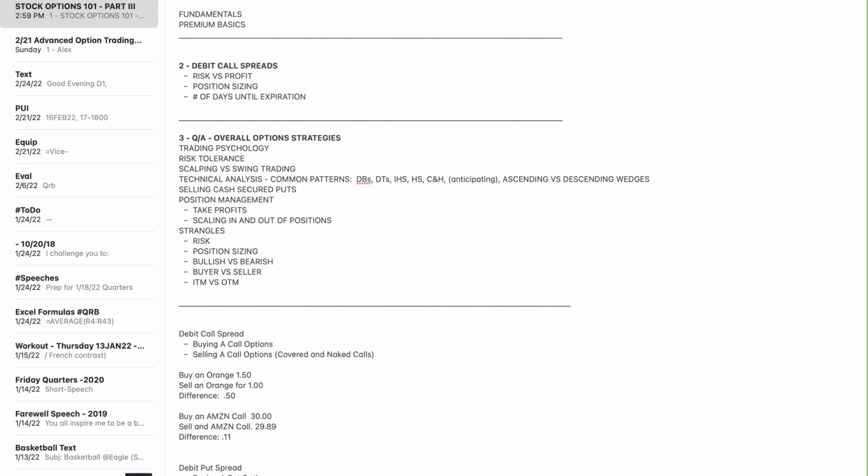$11. So how many spreads could you get? Well, you just take $10,000 divided by 11. You could afford about 900 spreads, right?